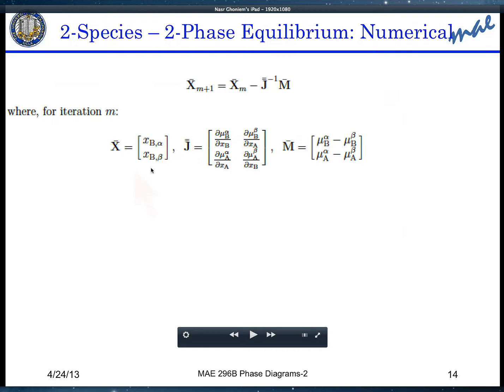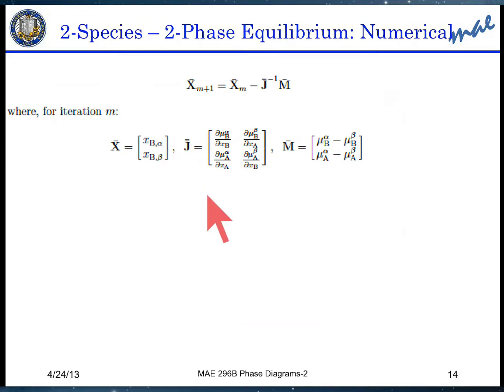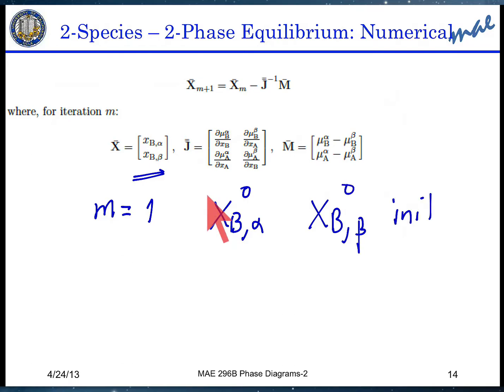These are the two unknowns that we wanted to actually solve for, if you look at it from the previous page. Then suppose that we make iterations. So iteration m equals 1. We assume x_B of phase alpha to have a certain value, and x_B in phase beta has also an initial value. So this is the initial guess that we would have.